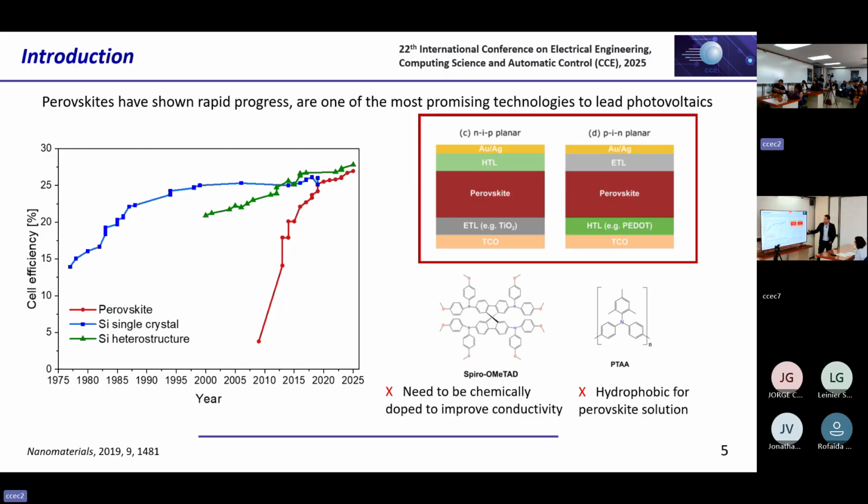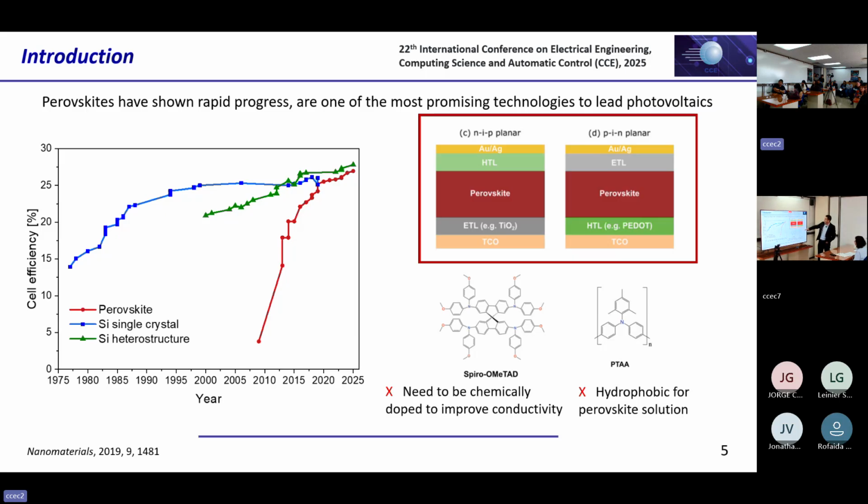Then people tried to replace this material, so they developed the inverted structure. Now we have the hole transporting layer on the bottom of the perovskite, and people started to develop more materials. Then people found this polymer, another organic material, PTAA, and it works very well.